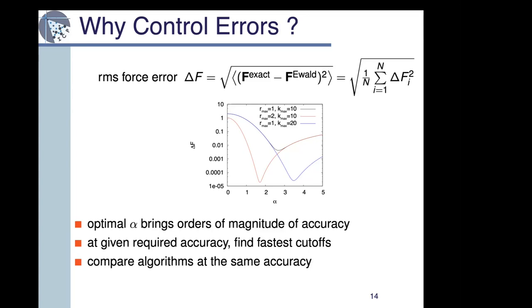And this is the optimal value of alpha, which you have to choose in order to make the sum optimally converging. Because if it would stay here, the Fourier space error would be very small, but the real space would be high. Sorry. If you are somewhere here, then it's just the other way around.